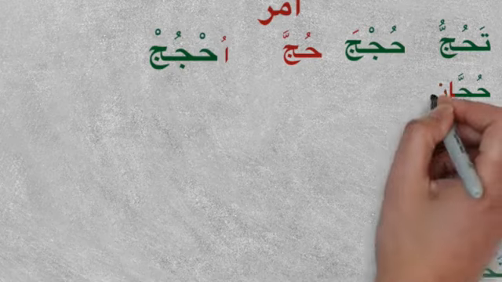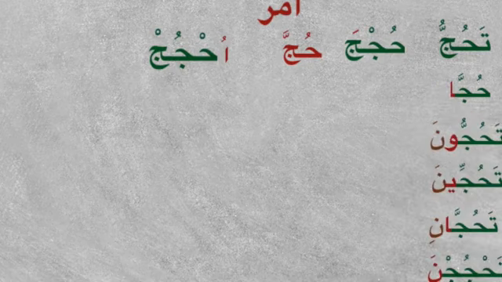Tahujjuna: take the alamat mudari' and take the noon sign of marfu, and we can still pronounce hujja, hujju, or hujji, which you're telling anti, and hujja, you both. And how do you do antunna?